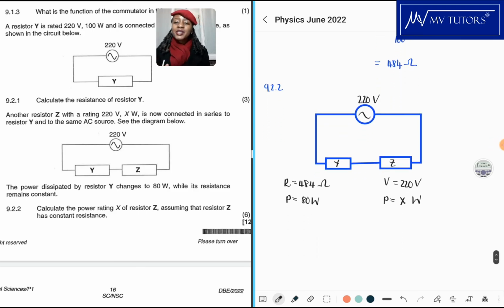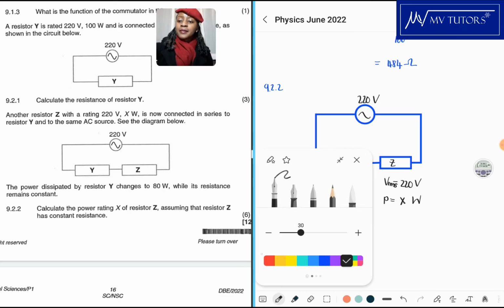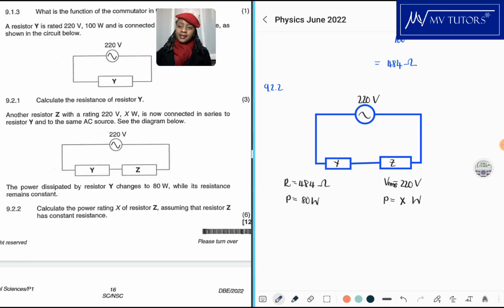Alright, so now we need to get the power across resistor Z. What do we know about resistor Y? We know the resistance we calculated is 484 ohms and the power is 80 watts. How are we going to get the power through Z? We only know the voltage there, 220 volts VRMS. I suggest we find the current flowing through this circuit.